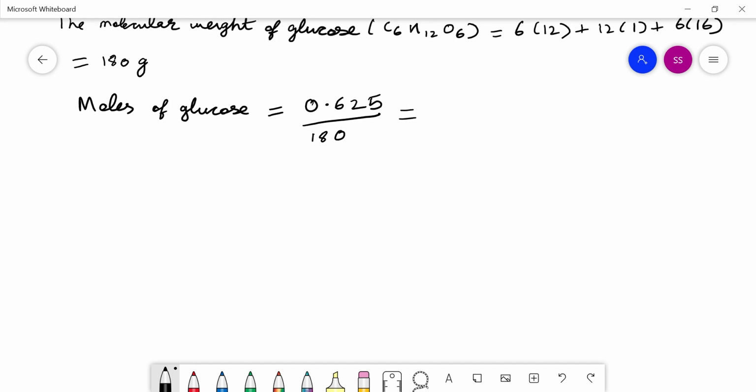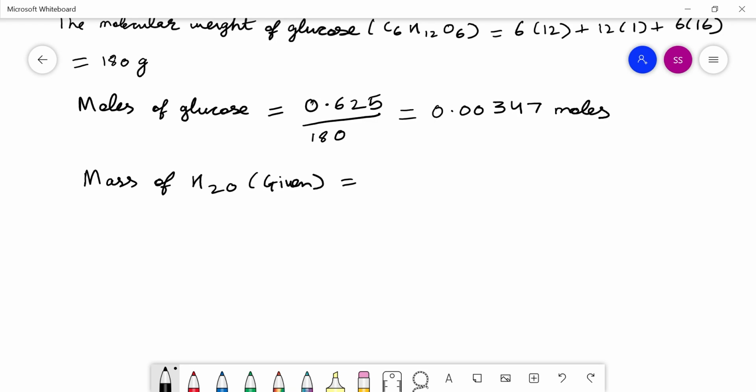So 0.00347 moles. Given mass of water is equal to 102.8 grams, which is equal to 0.1028 kilograms, क्योंकि 1 kg is equal to 1000 grams.